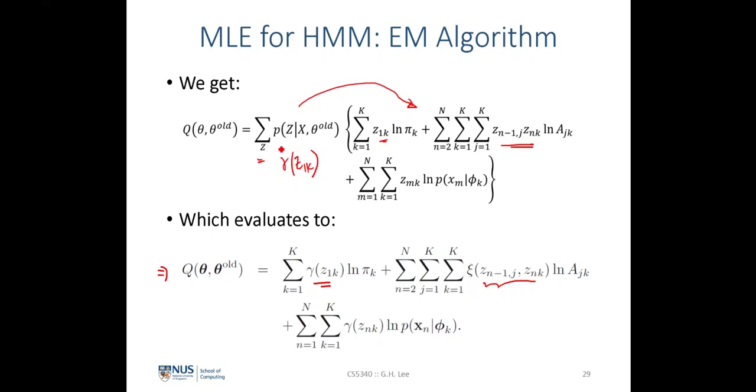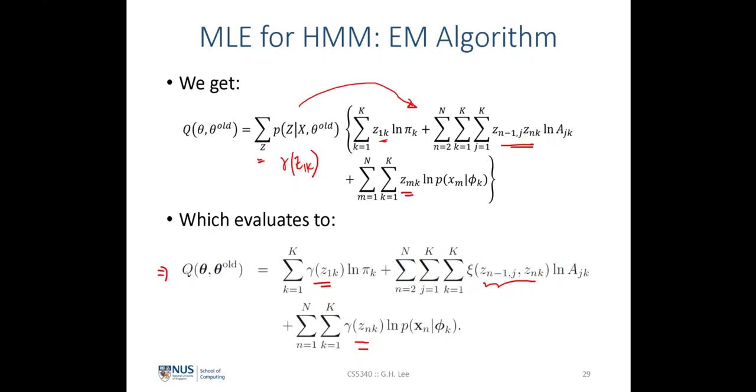Similarly, for the third term, we can push this summation over z into it. Since there's a znk here, it resulted in this particular term.